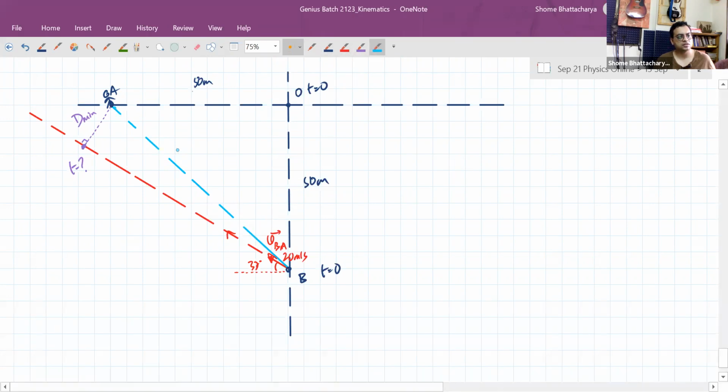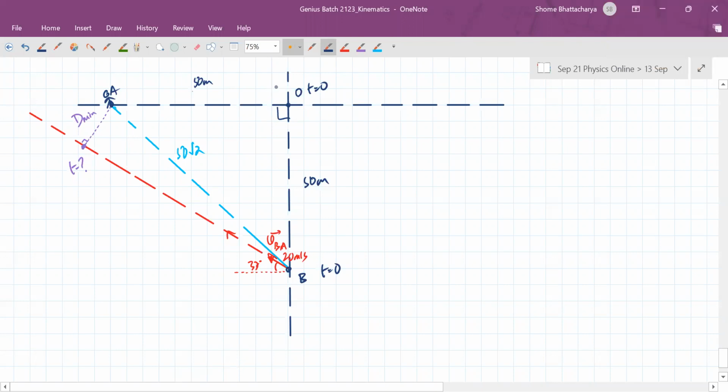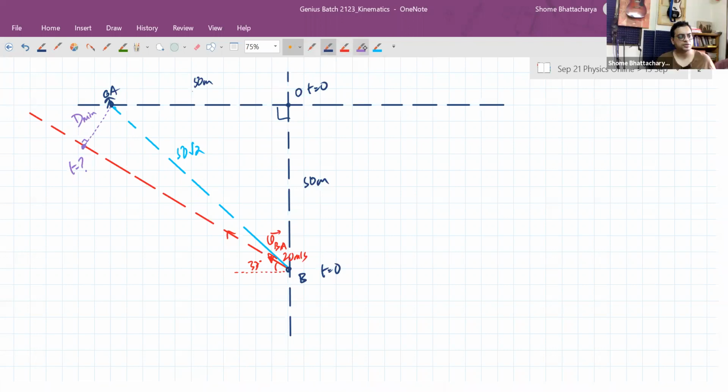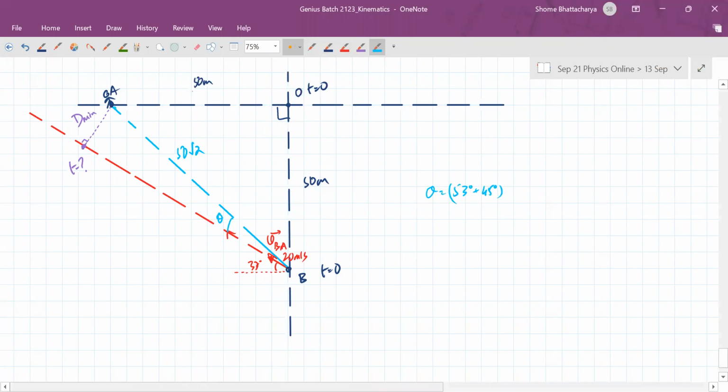So I can see this is 50 root 2 is the hypotenuse of this triangle, right? And now what would this angle be here? This one. This angle theta would be 53 degrees minus 45, correct? Yes, sir.